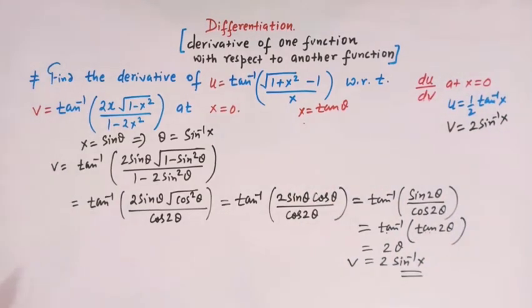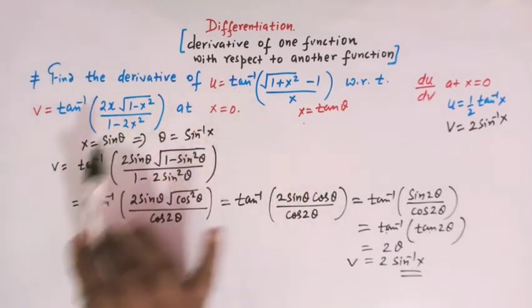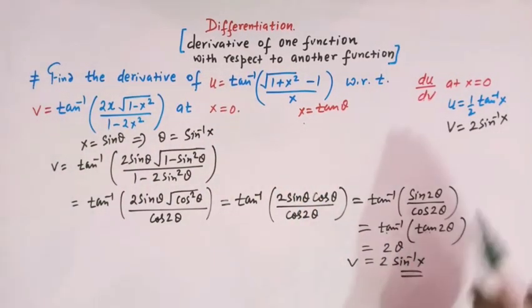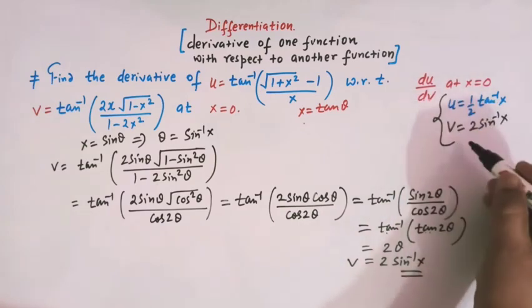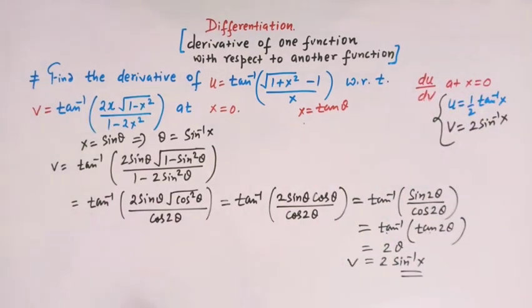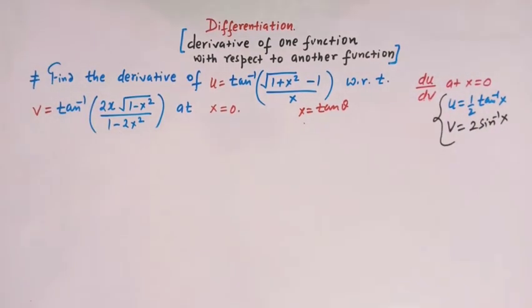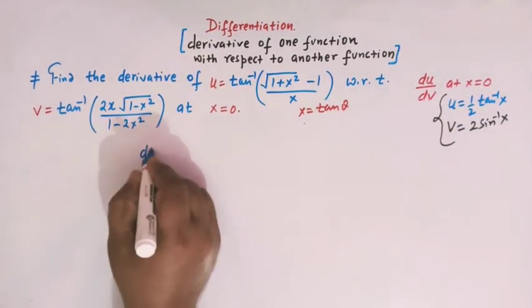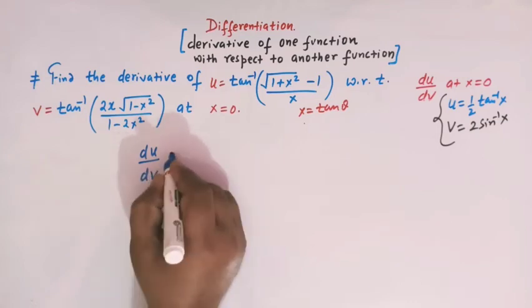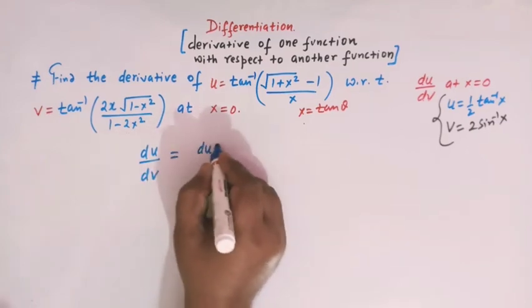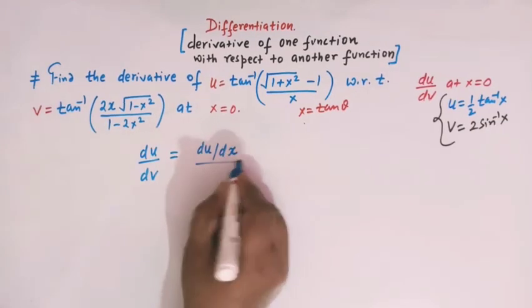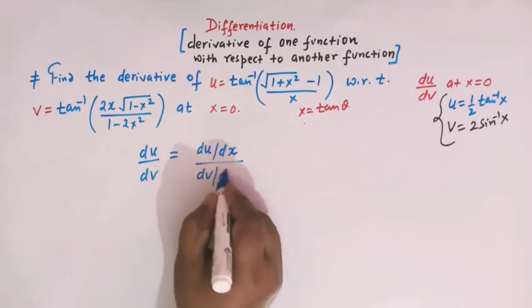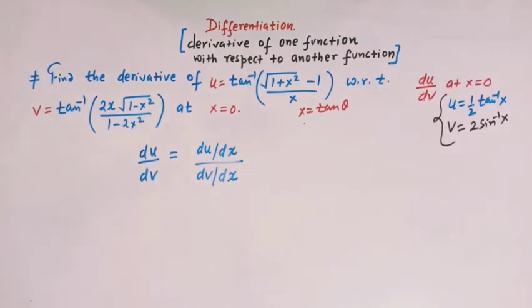So viewers, in such type of problems what we usually do, we simplify the two functions in this way, right? So now we have these two simplified forms, and let us proceed further. So now we have to find du over dv. So now du over dv can be written as du over dx divided by dv over dx, right?